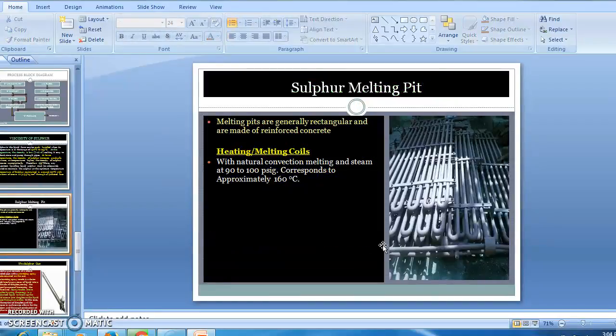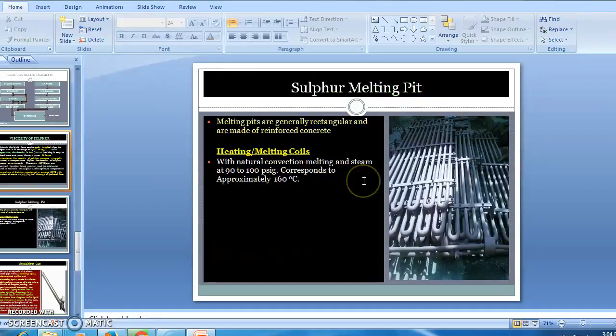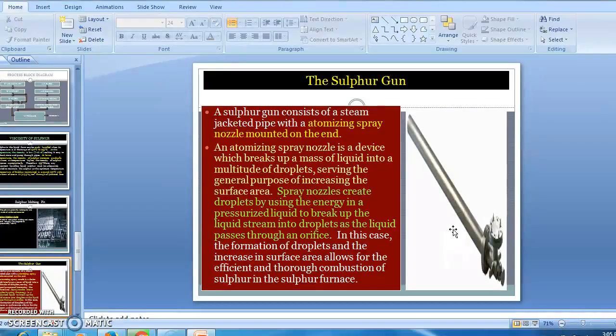For this, steam at 3 to 3.5 kg is used, sufficient to keep sulfur in molten form. You can see here in the sulfur pit there are coils with steam going into them, which makes sure that the temperature always remains above 135 and below 150 degrees centigrade.